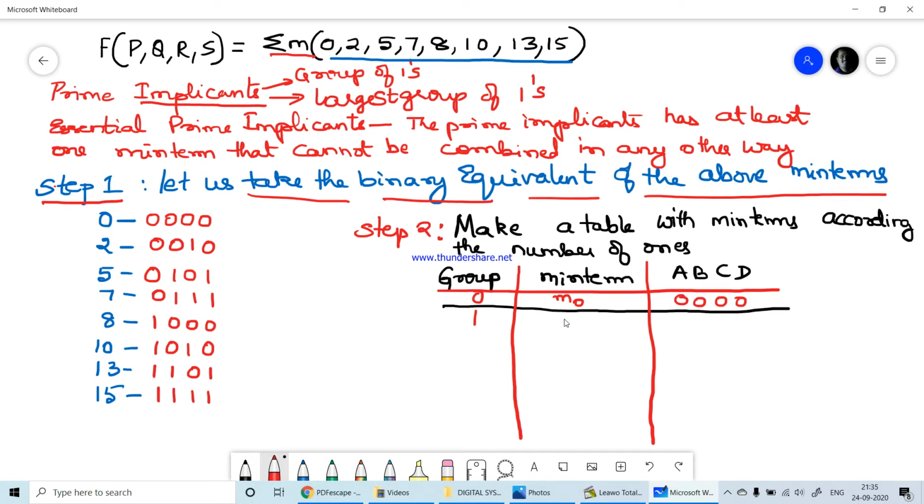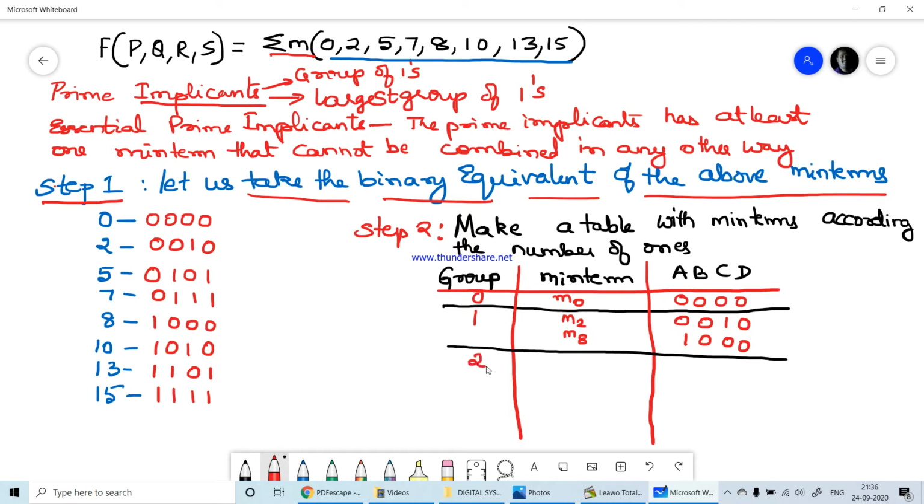So we have M2 and M8, only two min terms which have one 1. 2 is 0 0 1 0. 8 is 1 0 0 0. We have only one 1 in each of these binary sequences.